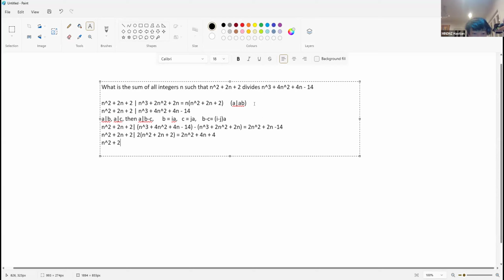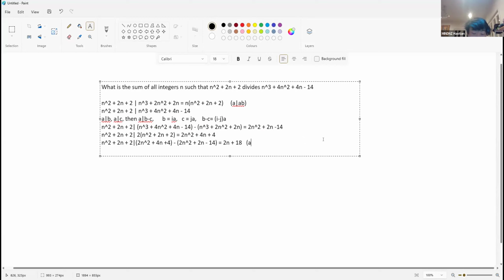So therefore n squared plus 2n plus 2 divides the difference of these two, which is 2n squared plus 4n plus 4 minus 2n squared plus 2n minus 14, which is equal to 2n plus 18.